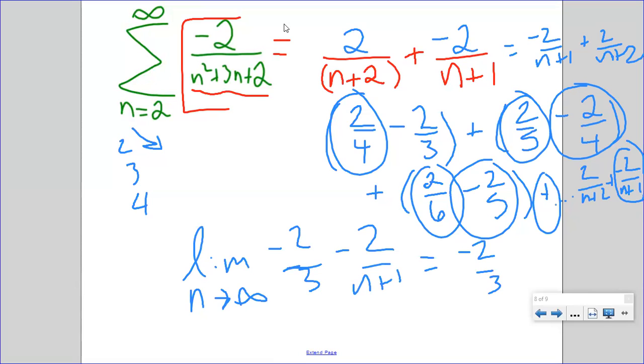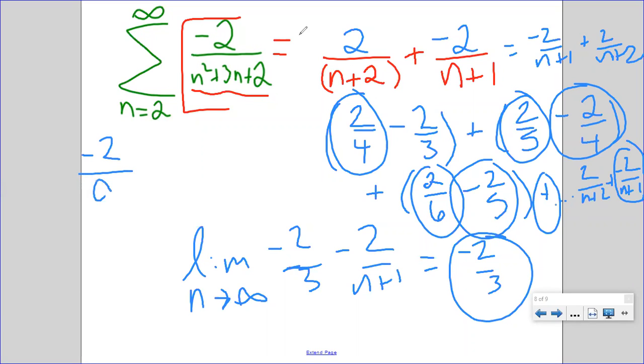Now, if we were to deal with this any other way, let's look at what happens if we just plug in numbers. It would be -2 over 4 plus 6 plus 2, so that should be 12, which is what that adds up to. And then we put in 3.